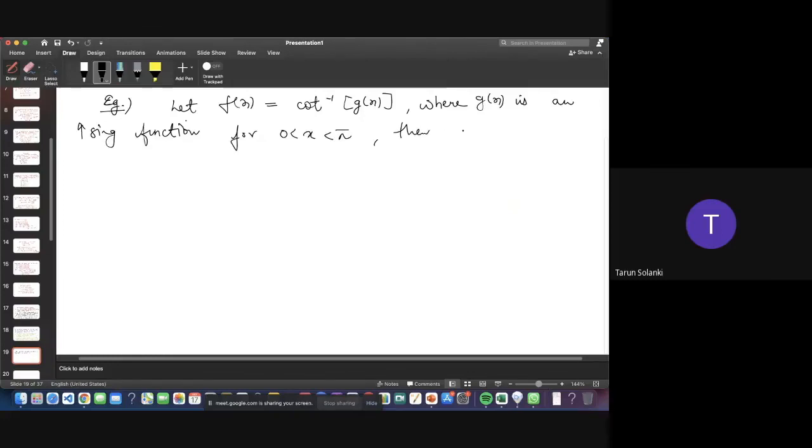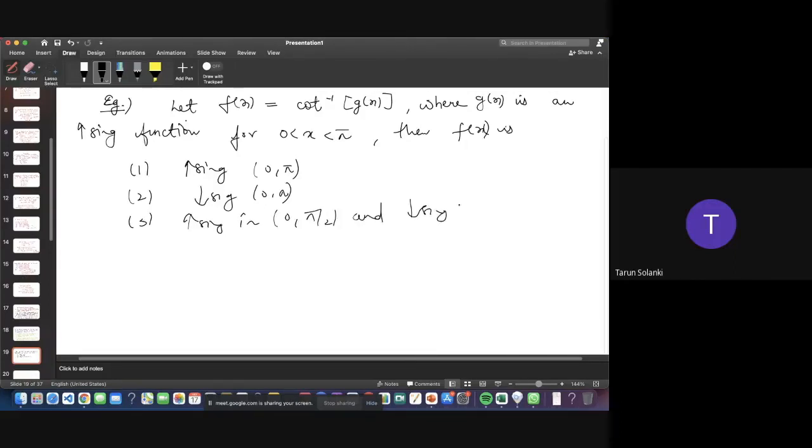Then f(x) is, like options are given: increasing in 0 to pi, decreasing in 0 to pi, increasing in 0 to pi by 2 and decreasing from pi by 2 to pi, and last option is none of these.